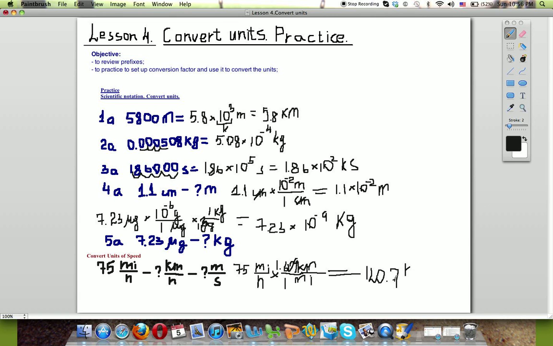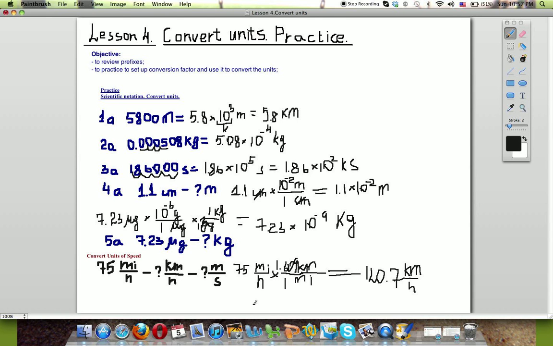We will cover the rules of significant figures later on, and I will explain why it should be 120.7. So in this example, I'll just take it as it is. So 120.7 kilometers per hour. So I changed miles to kilometers and I didn't do anything to hours.